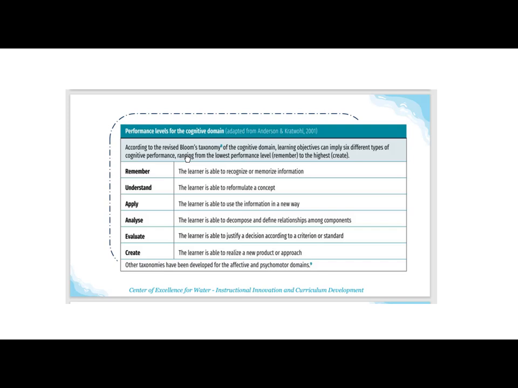According to the revised Bloom's taxonomy of the cognitive domain, learning objectives can imply 6 different types of cognitive performance: remember, to recognize or memorize information; understand, able to reformulate a concept; apply, use the information in a new way; analyze, decompose and define relationships among components; evaluate, justify a decision according to a criterion or standard; and create, realize a new product or approach.